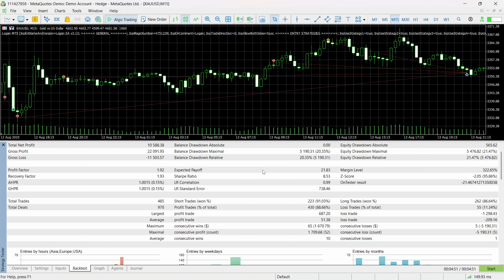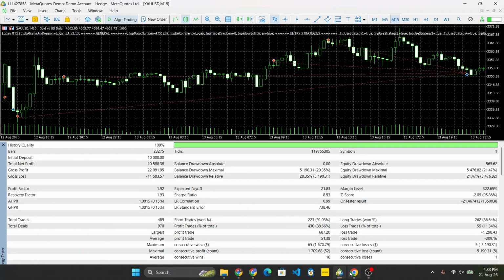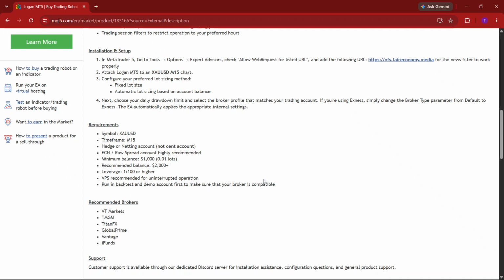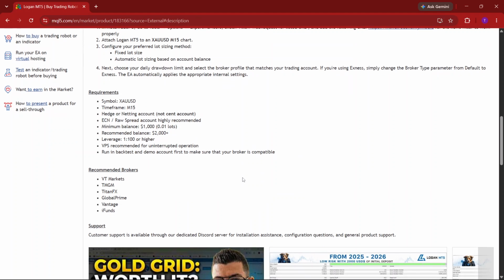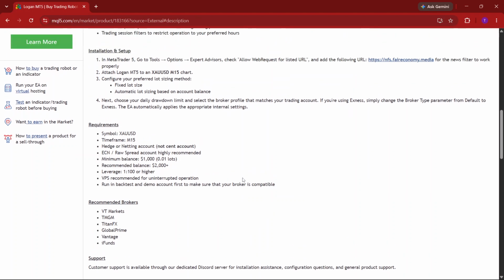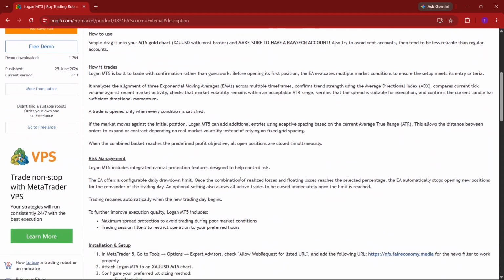Now, who is this actually for? Traders who already understand and accept recovery style risk on gold, run proper low spread brokers, and have enough capital that a 20% equity swing doesn't force them out. People who like the idea of waiting for multi-filter confirmation instead of constant overtrading should also consider it.